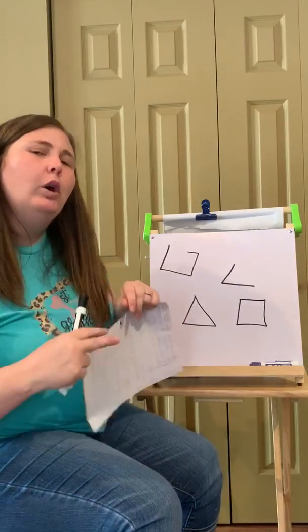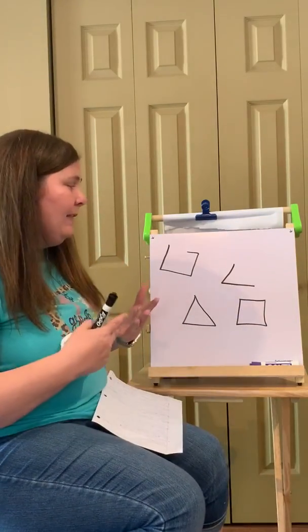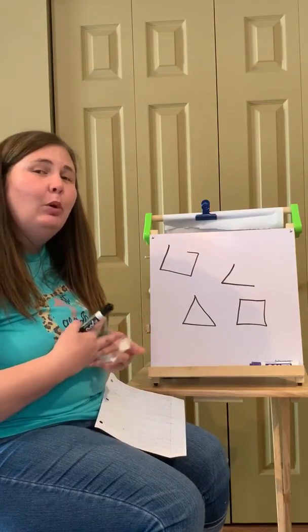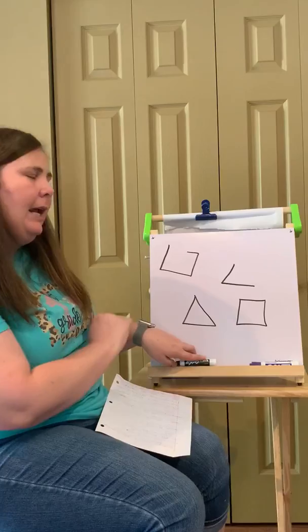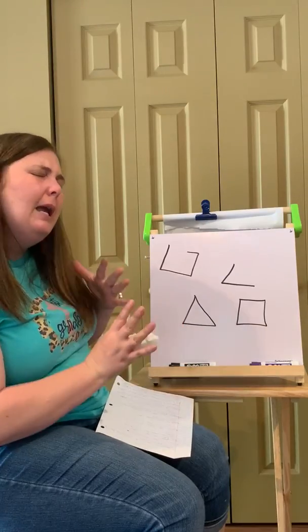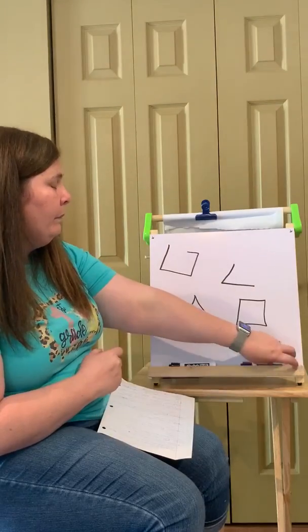I have 4 shapes on my board. I'm noticing that I can put these into 2 different groups. Look at them for a minute and see if you can figure out what's the same and what is different about these shapes on my board.